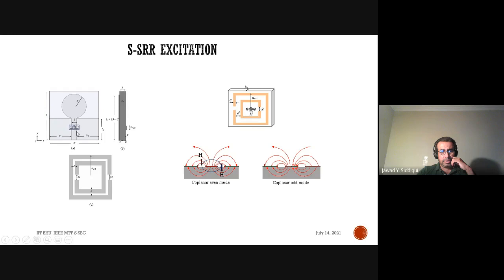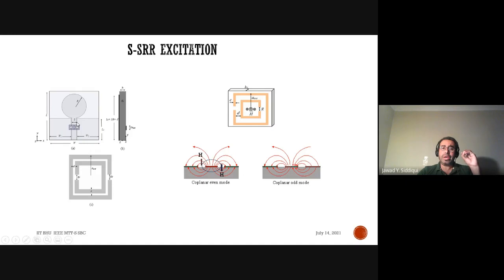There is a constraint on this alignment of the SRR. If you place a pair of SRRs, then the dimensions of the SRR are limited by the size of the signal line. Because if you want a particular characteristic impedance, you have to design the signal line and the ground plane slot.